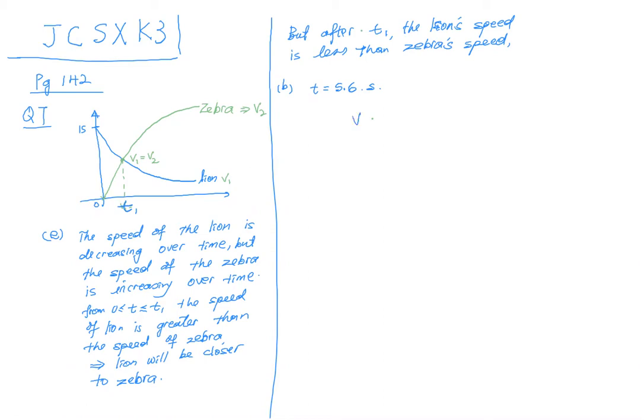So, you put V1 equal to V2. So, V1 is 15e to the power negative 0.1t is equal to 20 minus 20e to the power negative 0.1t. Am I right?